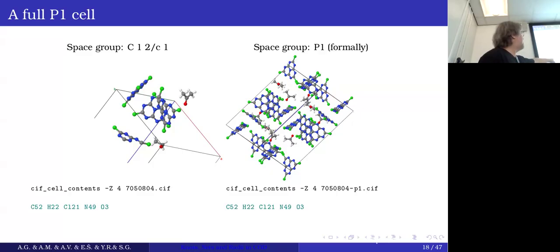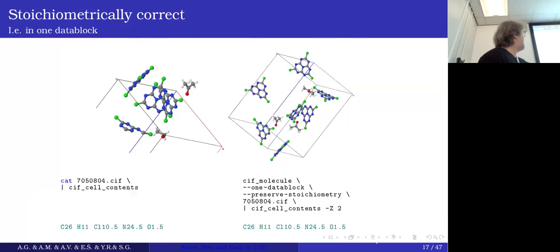Here, Z, the number of molecular units in the unit cell, is increased by 2, to 4 instead of 8, so that we don't have non-integer coefficients.